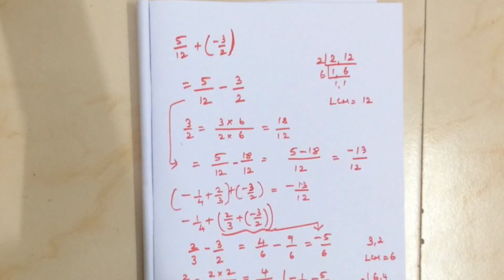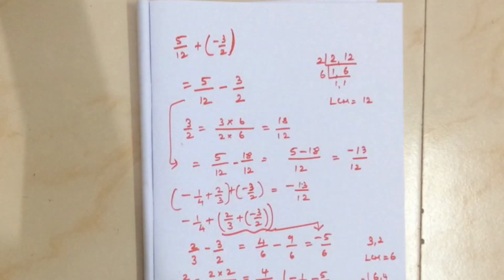Again is 5 by 6. You can put either 5 by 6 or minus 5 by 6. 5 by 6, 12, so multiplied by 2 here, 10. So instead of this minus 1 by 4, I am writing minus 3 by 12. Instead of this minus 5 by 6, I am writing minus 10 by 12, which gives minus 3 minus 10 by 12.